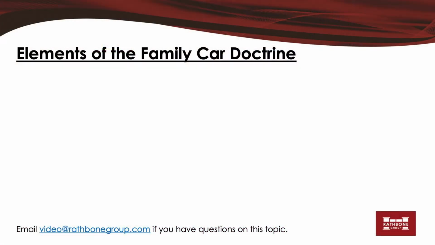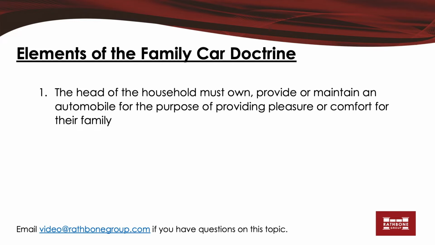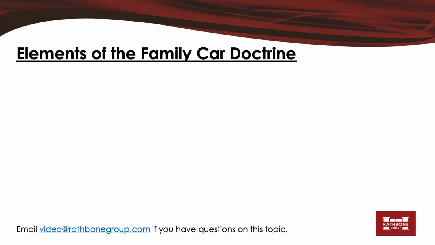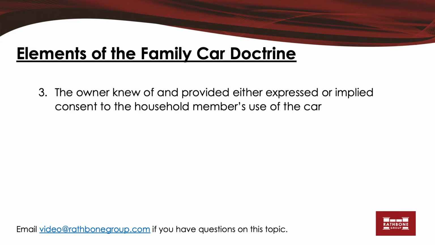Like any legal doctrine, there are elements to the Family Car Doctrine that need to be met. They are: 1, the head of the household must own, provide, or maintain an automobile for the purpose of providing pleasure or comfort for the family. 2, the family purpose driver must have been using the motor vehicle at the time of the injury in furtherance of that purpose. 3, the owner knew of and provided either expressed or implied consent to the household member's use of the car.